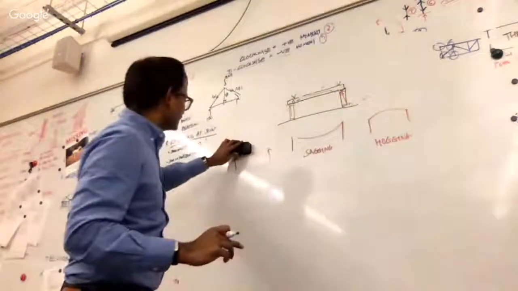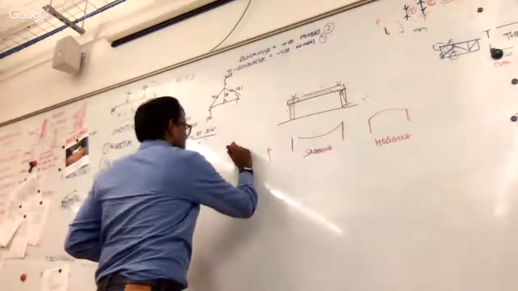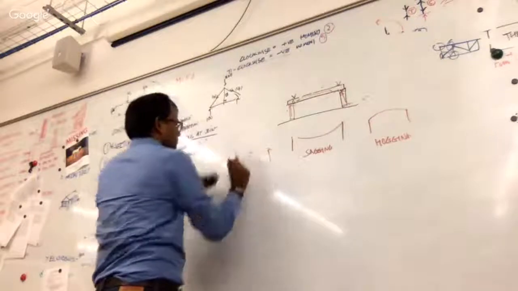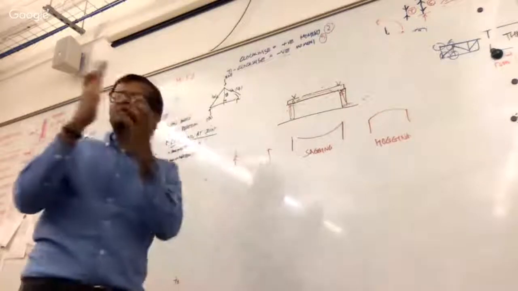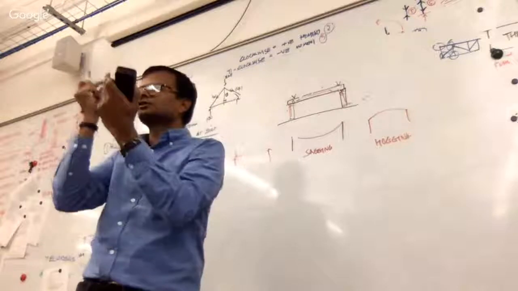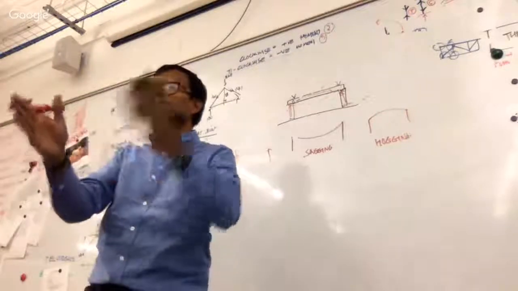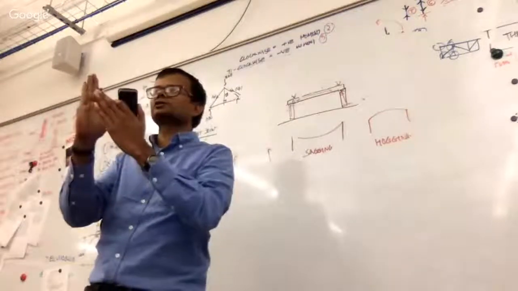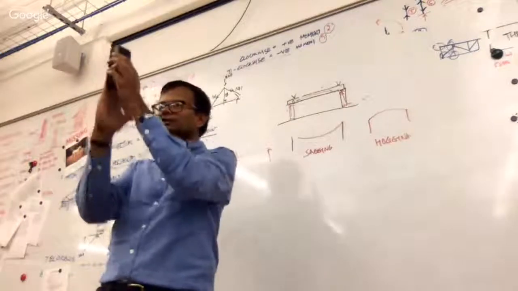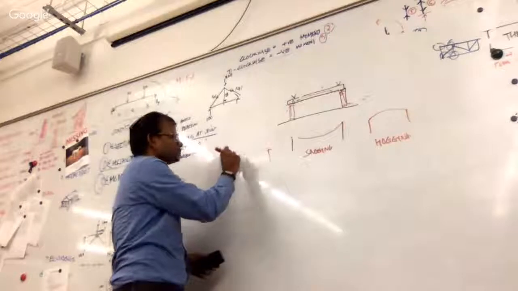But if my elephant moves to this end, right next to my reaction, like just immediately to the left of my reaction. Remember that slicing action that was all about shear? You have an insane amount of shear happening here.